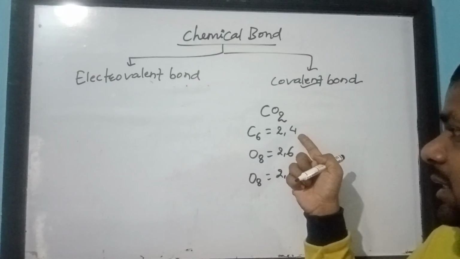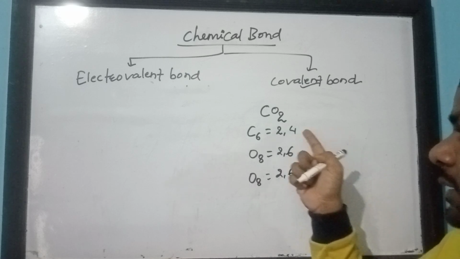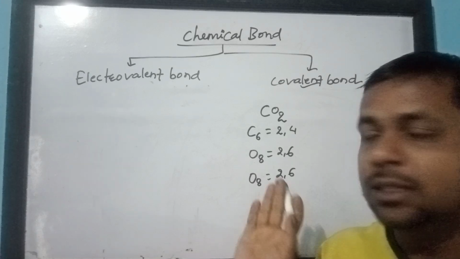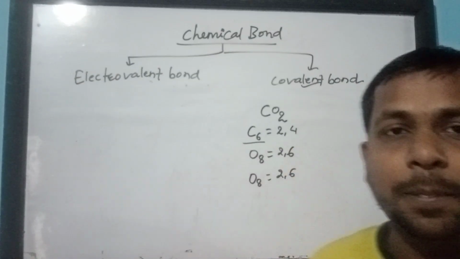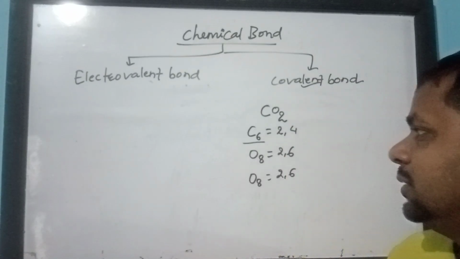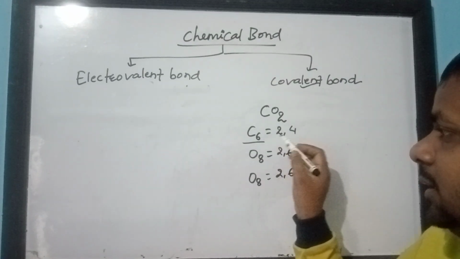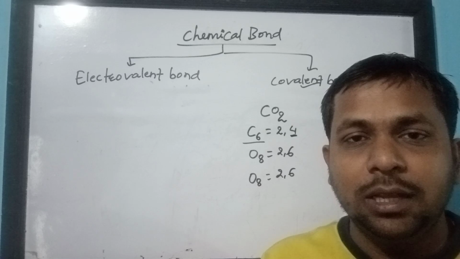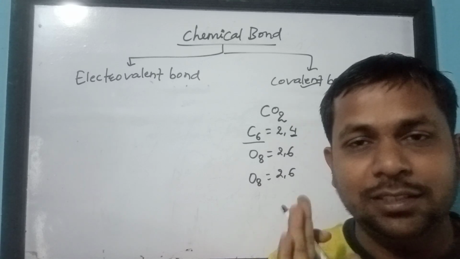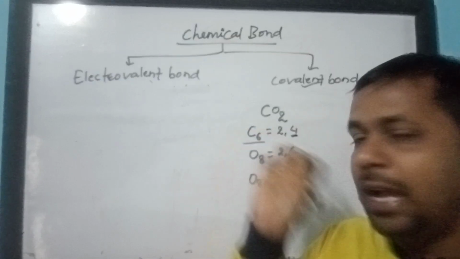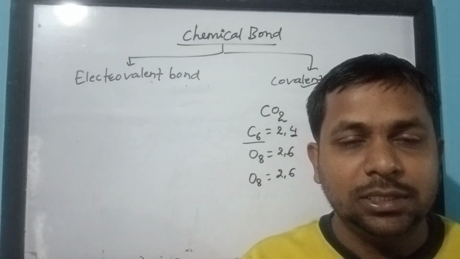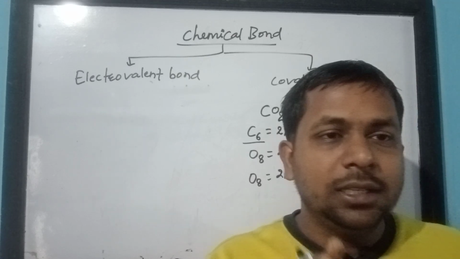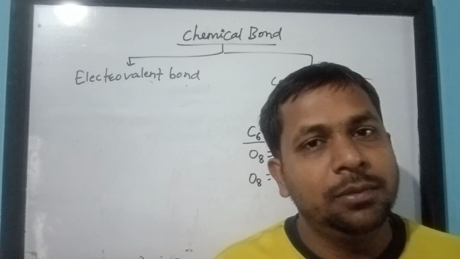Carbon has 4 electrons, so it would have to gain 4 electrons to make 8. But with 4 electrons in the outermost orbit, it is neither a metal nor a non-metal; it has properties between the metal and non-metal.